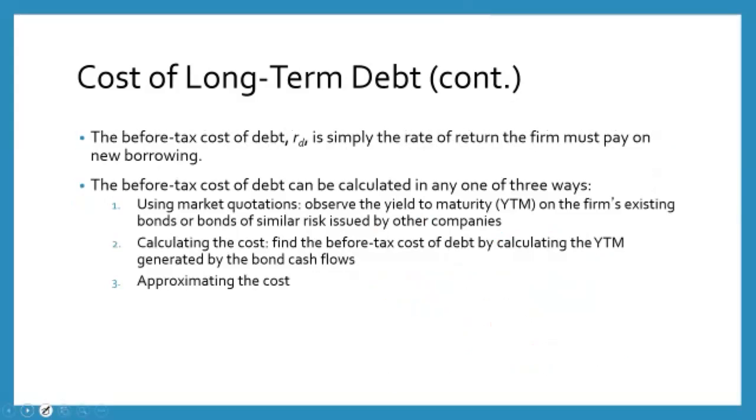Using market quotations, here we observe the yield to maturity on the firm's existing bonds or bonds of similar risk issued by other companies. Then we find the before-tax cost of the debt by calculating the YTM, and then approximate the cost.